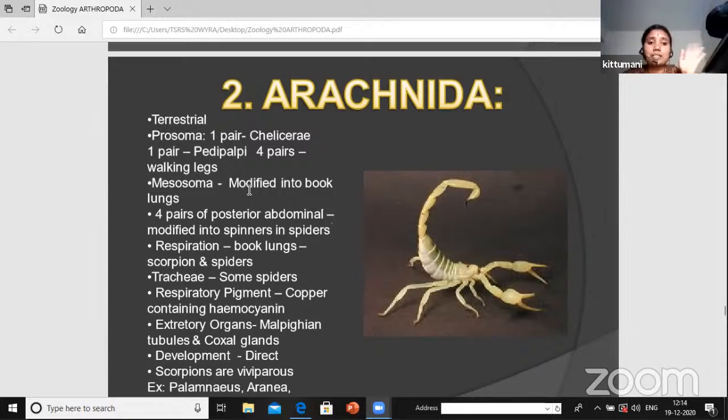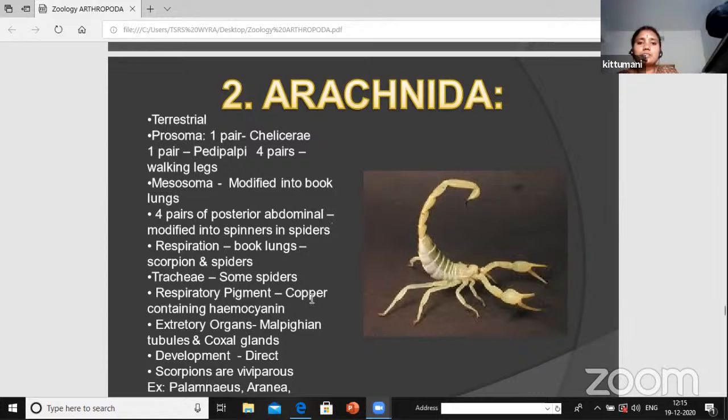Next, respiration is by the book lungs. Examples are the scorpion and the spiders. Trachea are also present in some spiders. Not only book lungs, trachea also are present in this class for respiration.